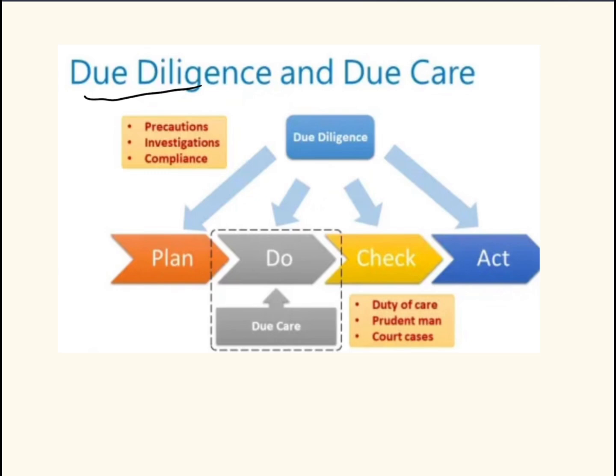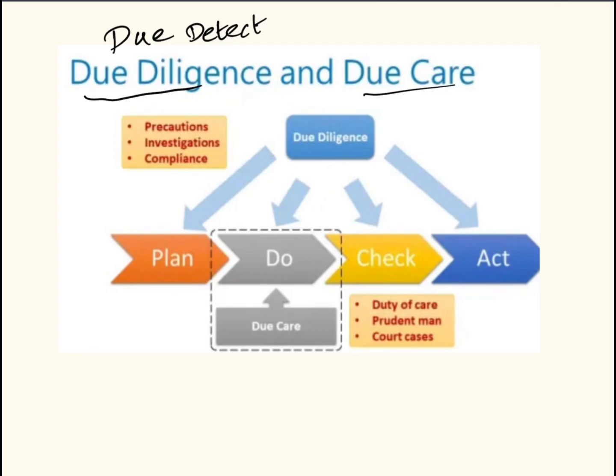Another memory tip I would suggest: due diligence, we can also say "due detect", right? Detect means we need to detect before something happens, identify risk, evaluate options. On the other hand, due care is acting responsibly.